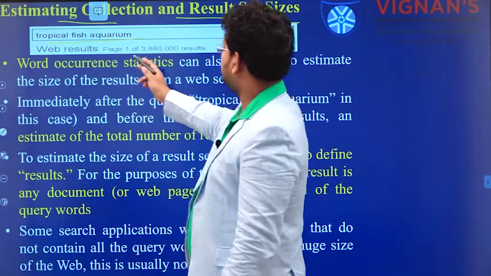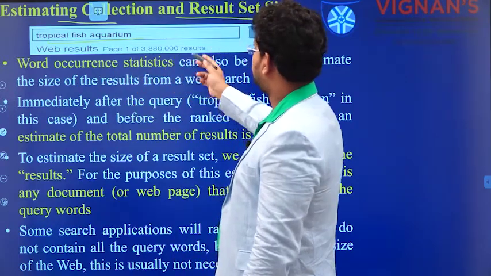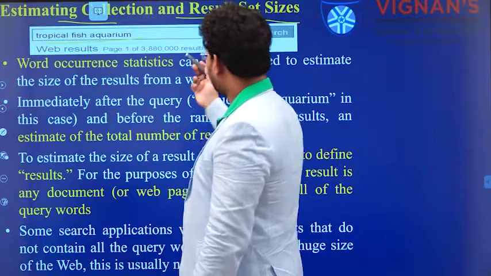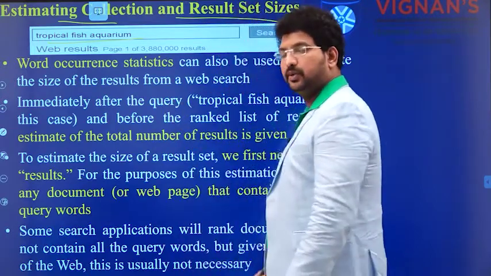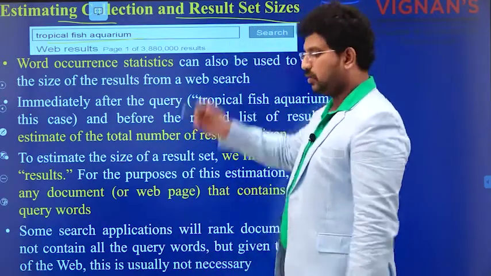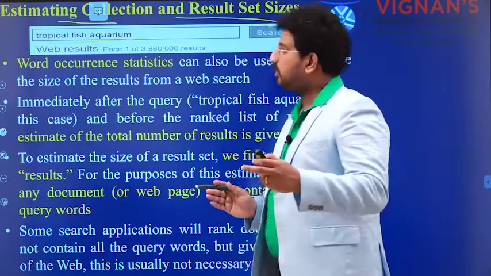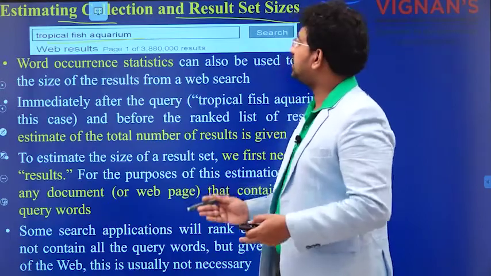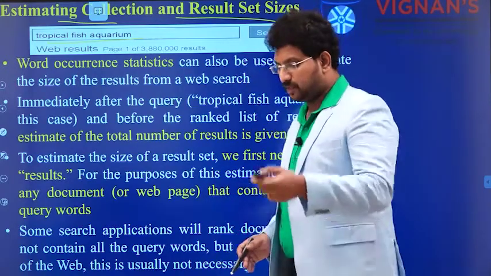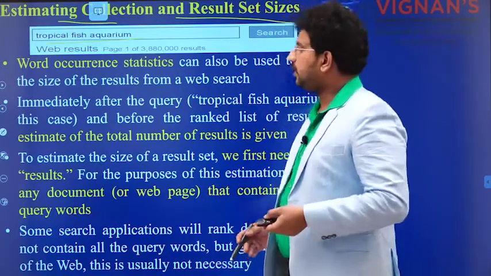On the web results page, nearly 38 lakh results have been retrieved, and they are all displayed as a ranked list of documents. So here, results, estimating collection and result set sizes. Now we will go into the details of it.